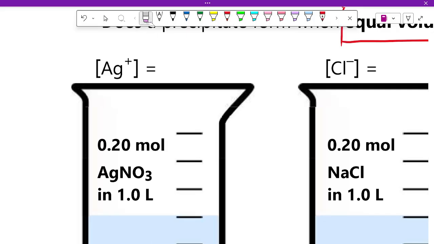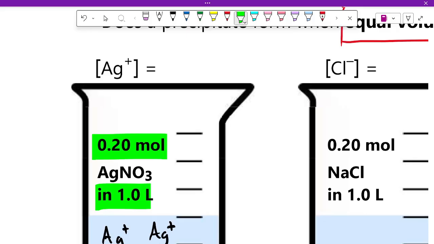That's terrible. I'm just going to write Ag plus, Ag plus. What's the concentration of Ag plus? 0.2 molar, yes. 0.2 molar.